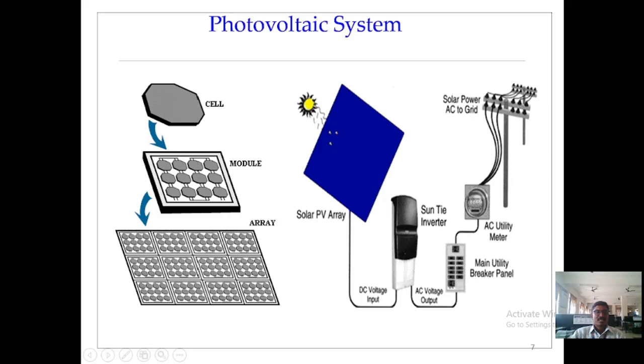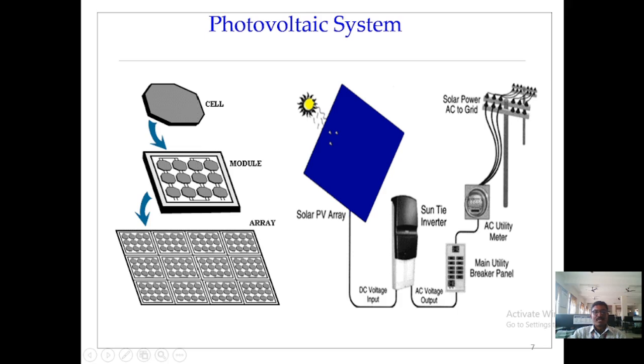A PV array means a number of modules connected in series or parallel, and based on that connection, the voltage or current may be increased. To increase the voltage, you connect in series. To increase the current, you connect the modules in parallel.